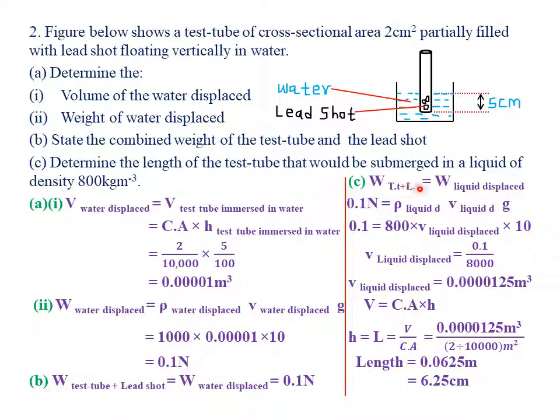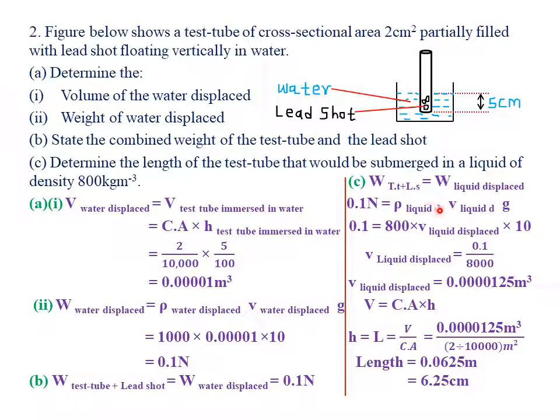So the weight of the test tube plus the lead shots has not changed, it is still 0.1 Newton. Then the weight of the liquid displaced, which is equal to the upthrust, we simply take rho Vg, that is density of the liquid displaced times volume of the liquid displaced multiplied by gravity. So 0.1 Newton, which is the total downward force, must be equal to the total upward force, which is the upthrust, which is rho Vg.